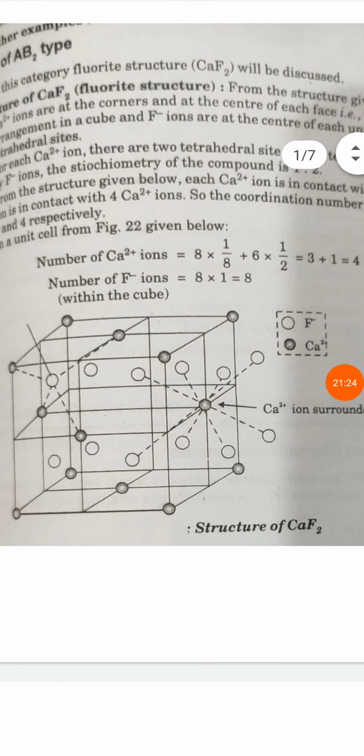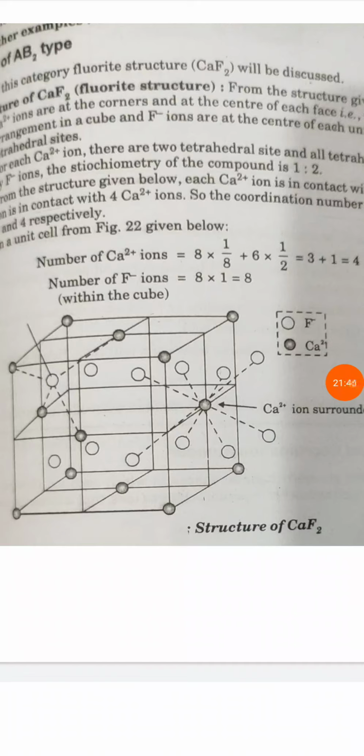From this we can conclude that there are certain limiting values of radius ratio. In the range between 0.414 to 0.732, the coordination number is 6.